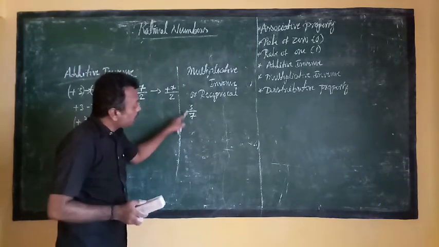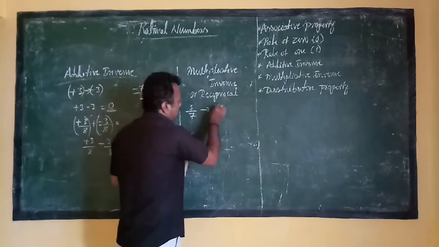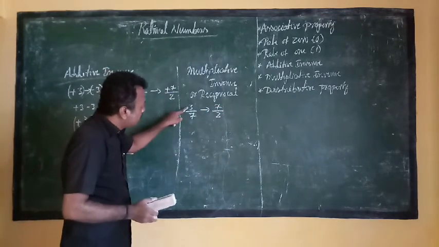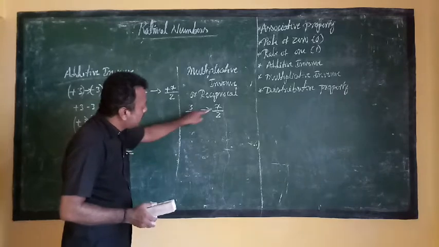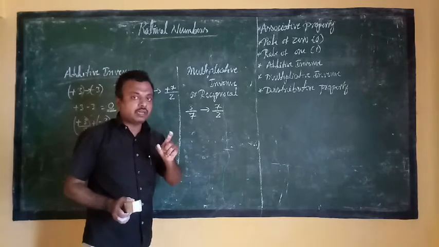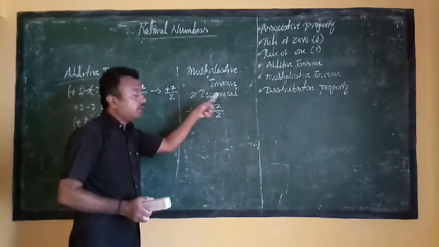What is the reciprocal of 3 by 7? 7 by 3. Very simple students. The numerator becomes the denominator, the denominator becomes the numerator. Only changing the numerator and the denominator is called the multiplicative inverse.